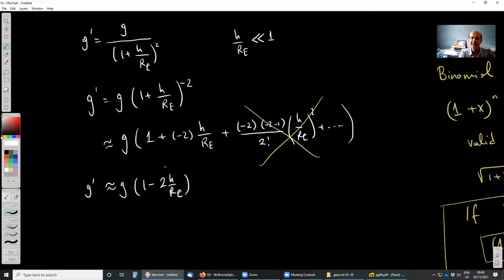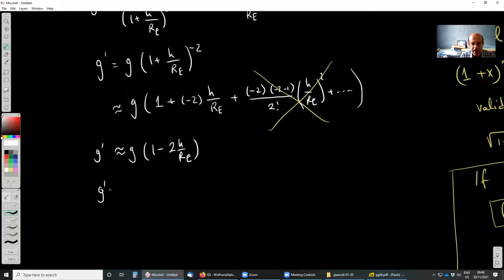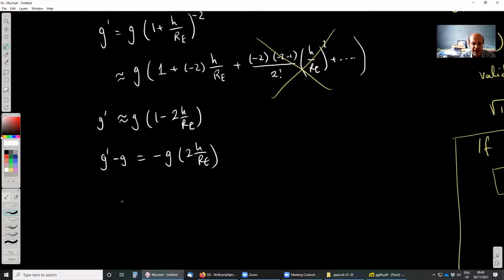This is faster because you are using the binomial approximation in a systematic way. So that means g prime minus g is equal to minus g times 2 times h over re. Obviously, this is negative, as we expected.